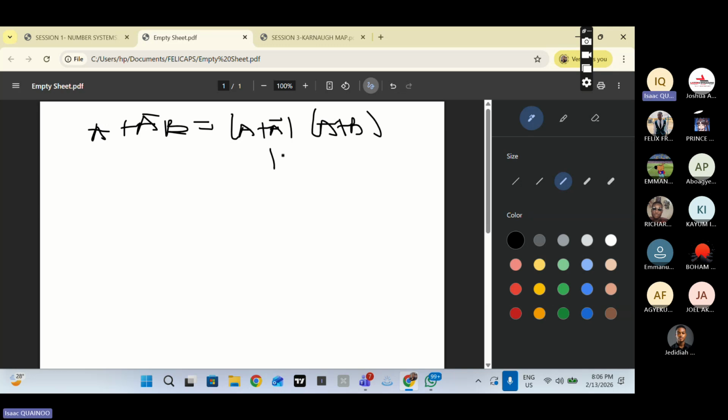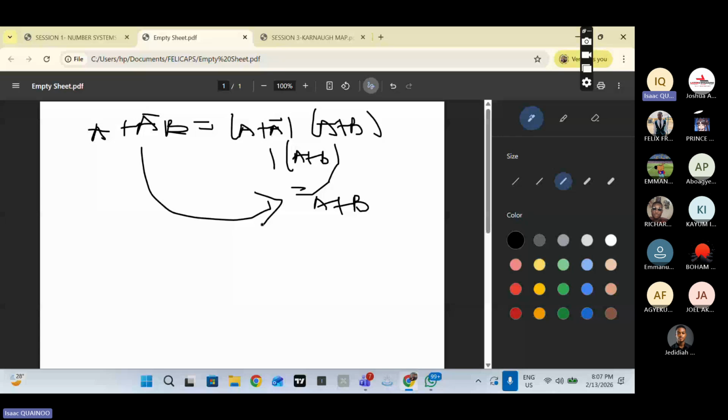Whichever input combination we use, we are going to get a 1 for this. So we have 1 bracket A plus B, and that gives us A plus B as the final output.